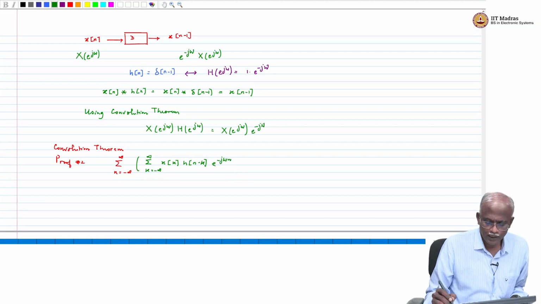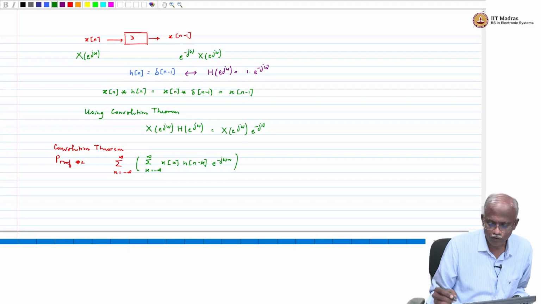Now, I am going to rewrite this expression. I am basically going to interchange the order of summation. So, this is going to be summation k equal to minus infinity to infinity, and I can bring x of k out here.